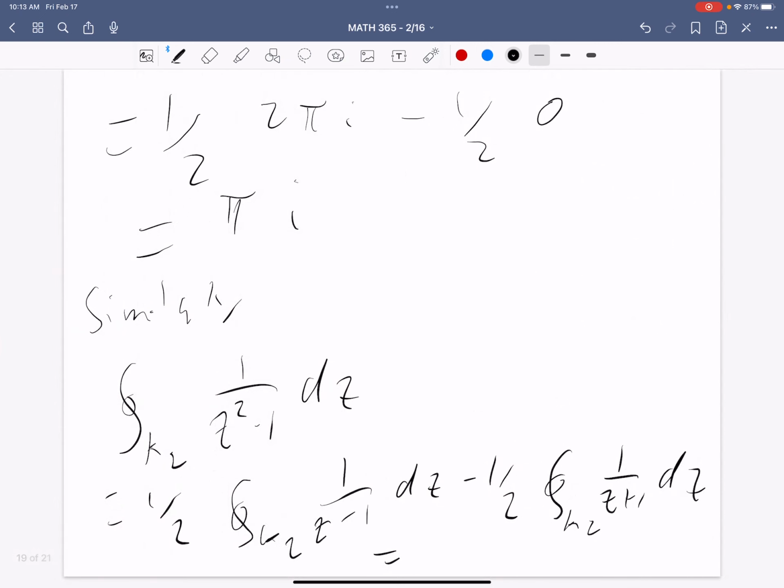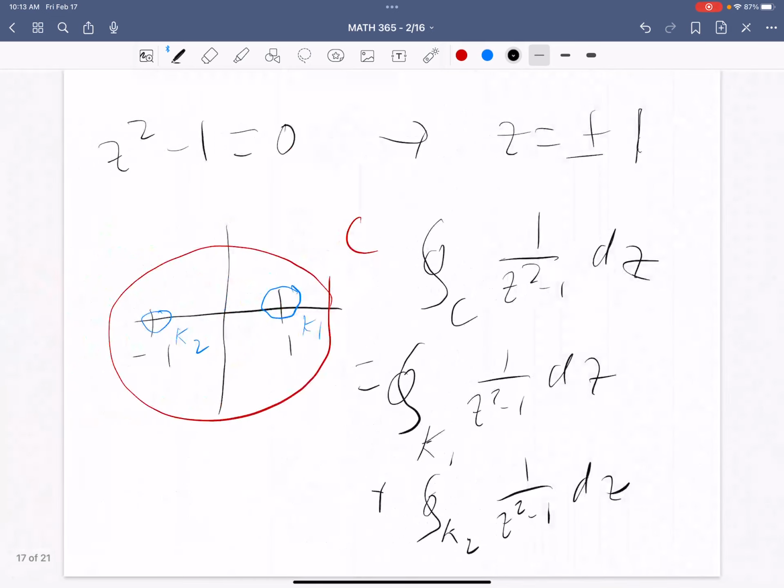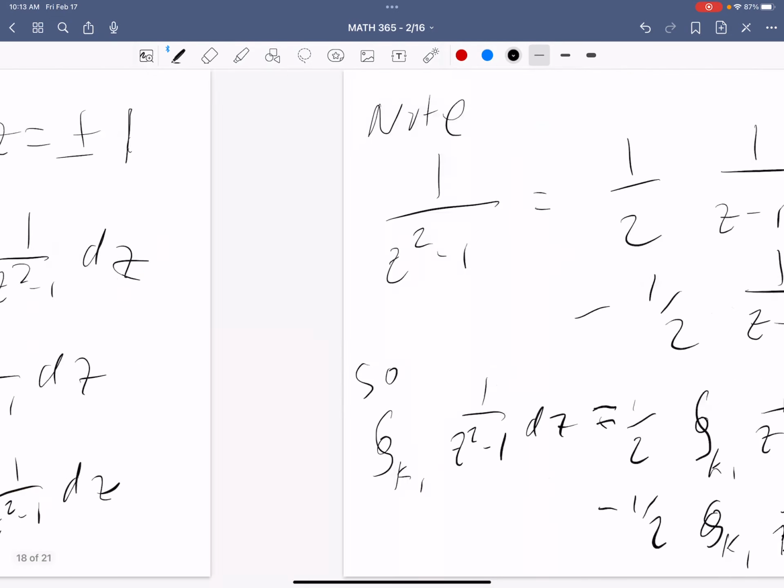So on k2, the first integral will 0 out by Cauchy-Goursat, but the next one will have to be 2 pi i by the work we did. And so we know we will get negative pi i for this integral. And so putting it all together then tells me that my original integral conveniently actually equals 0.